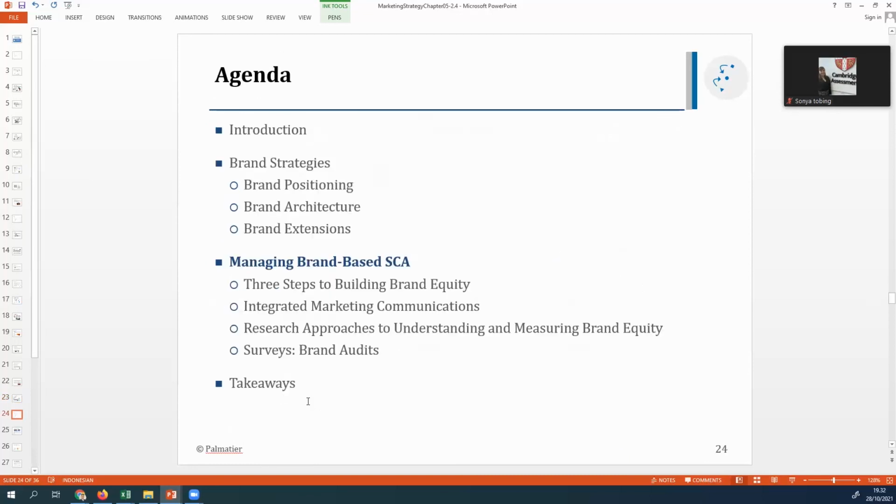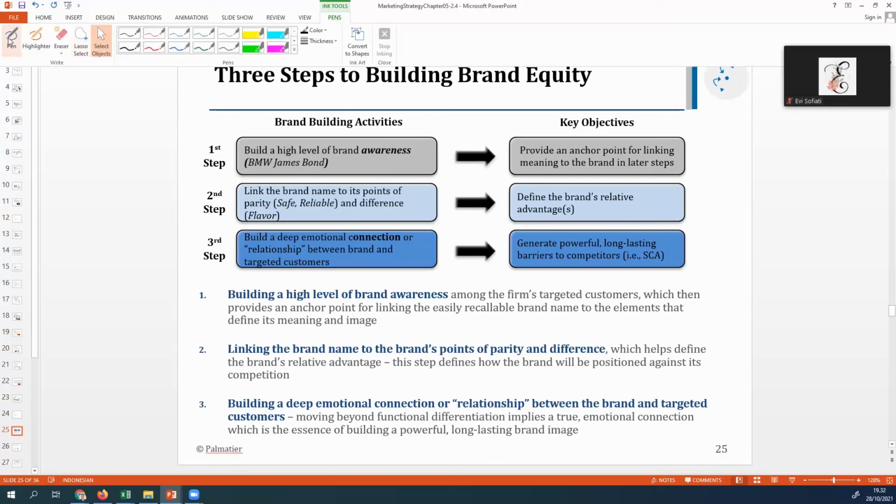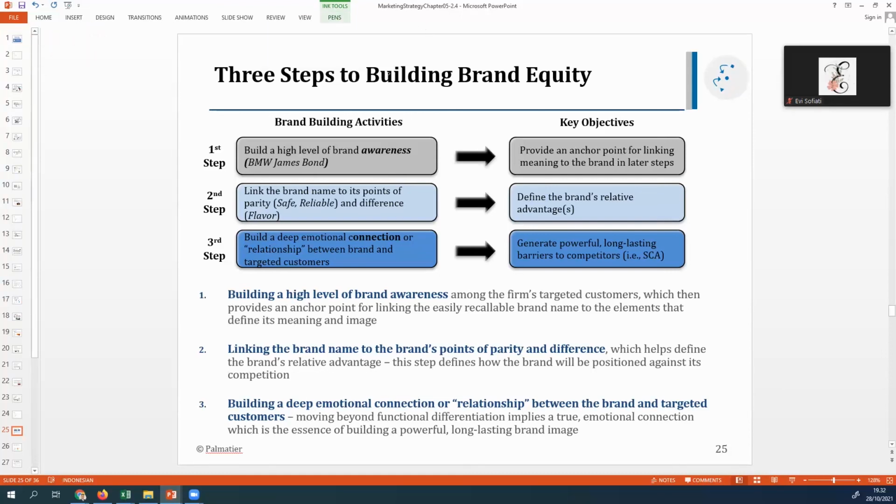Okay. Good, Pak. All right. Next is how to manage the brand-based sustainable competitive advantage. There are 3 steps to build the brand equity. First is to make the brand awareness first.